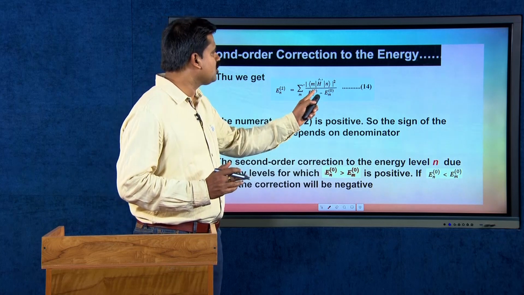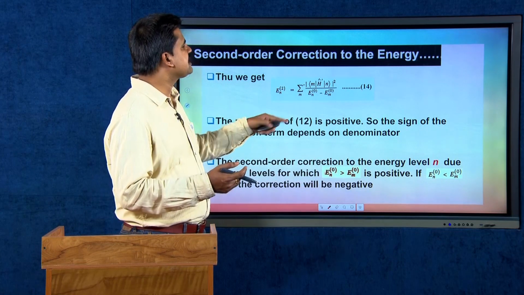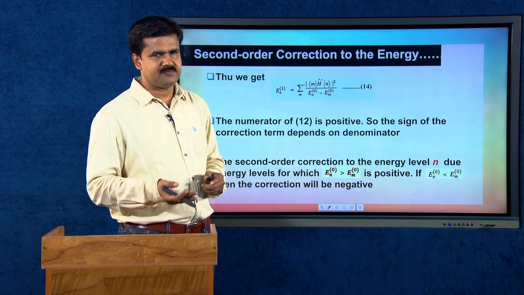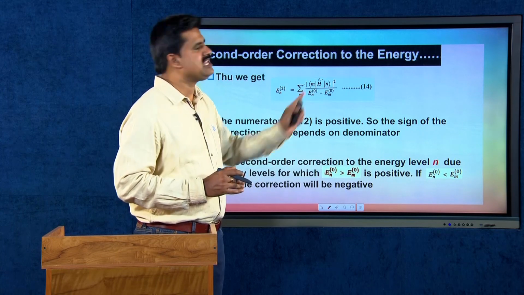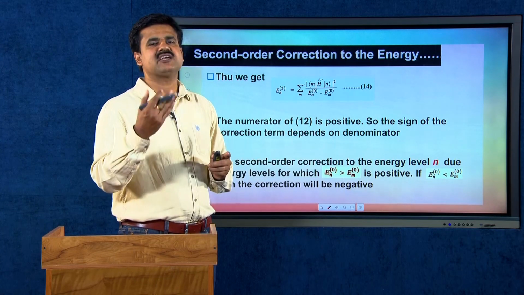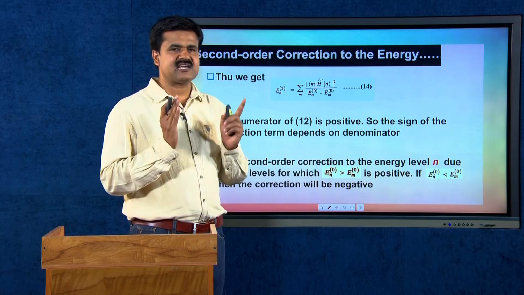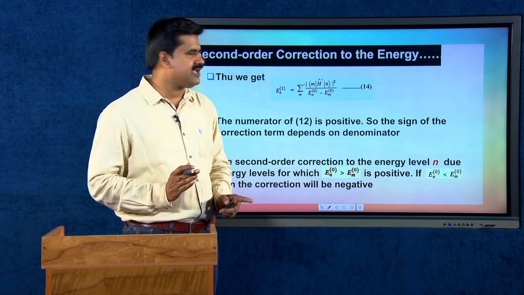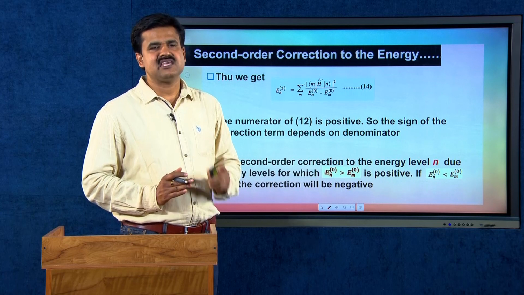If En0 is greater than Em0, the denominator will be positive, so the second order correction to energy will be positive. If you take the reverse, that is En0 less than Em0, then the denominator will be negative and the second order correction will be negative. So, the sign of the second order correction is exclusively determined by the denominator, En0 minus Em0.